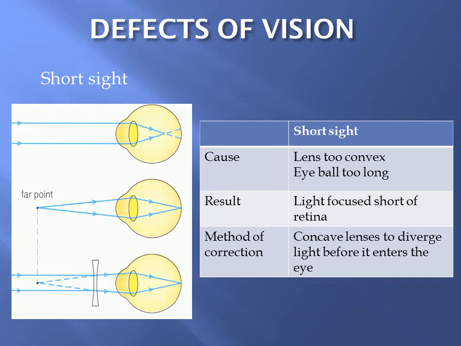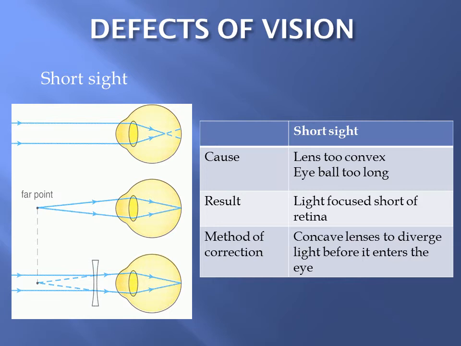A short-sighted person has problems in focusing on distant objects. This can happen due to many reasons.